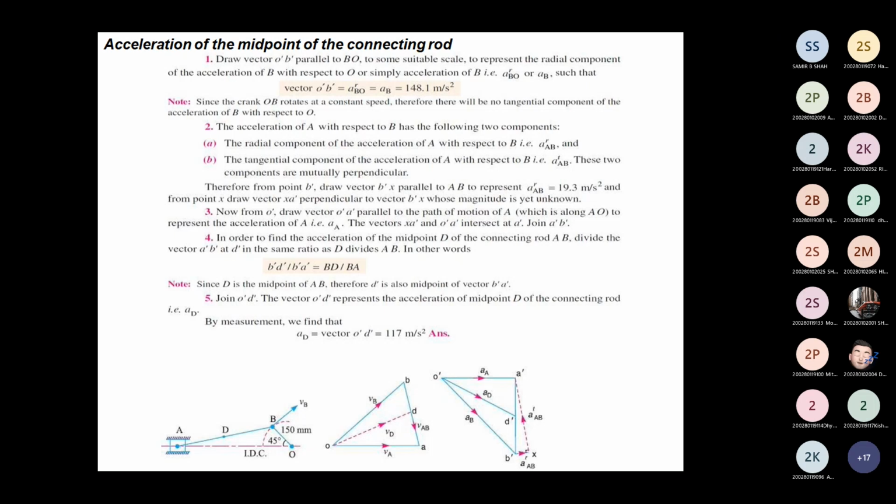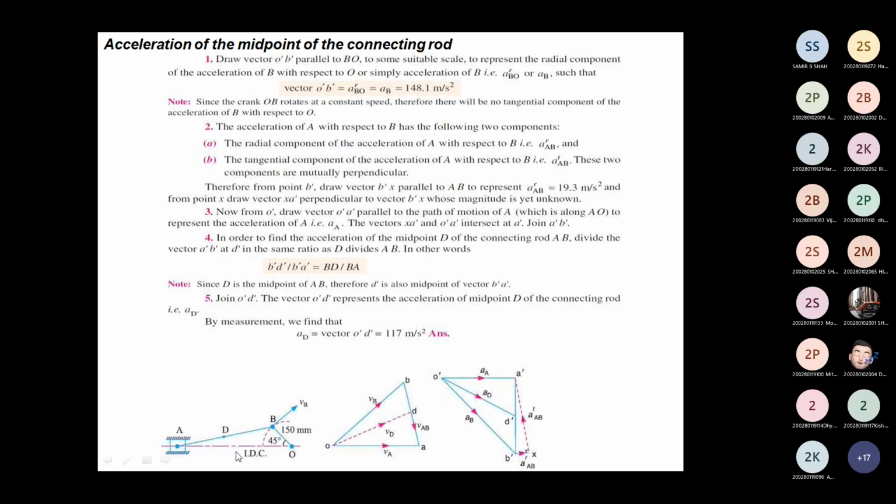So now what are we doing? We know very well that OA is an imaginary line once again. So from O dash, draw the parallel, the same concept as in the velocity diagram. This is not a link, it is an imaginary line.